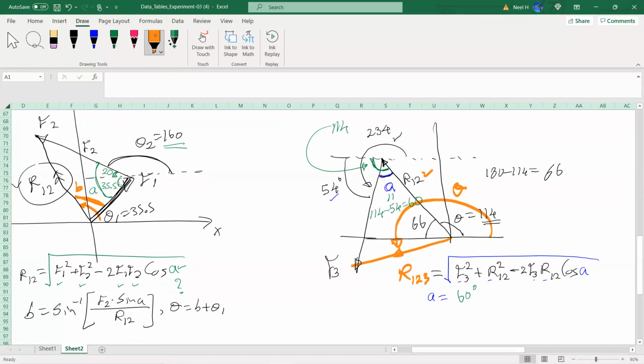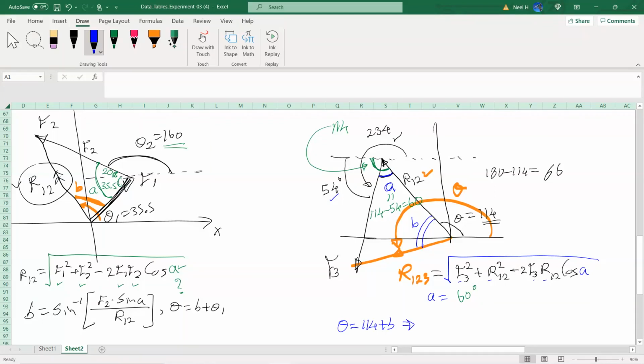So I can find maybe this total angle inside the triangle. Let's consider that is angle B. If I know B, we can say angle theta is equal to 114 plus the angle B. Only question is how to get the angle B.